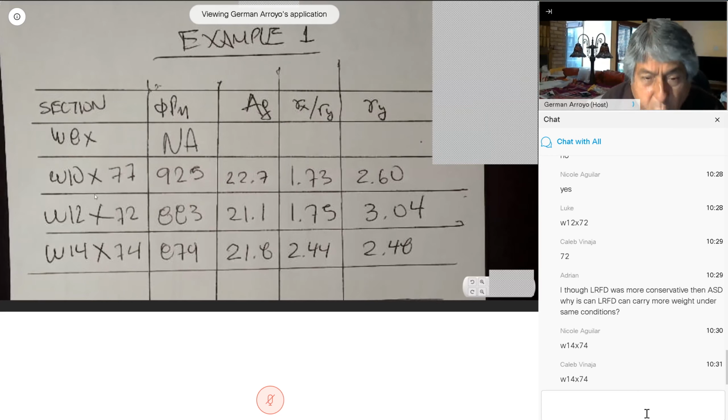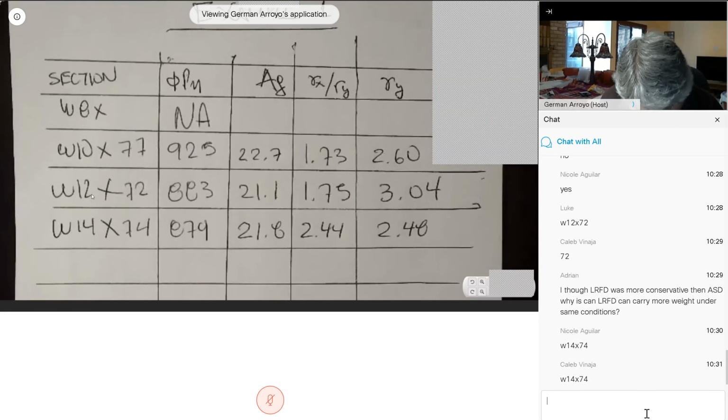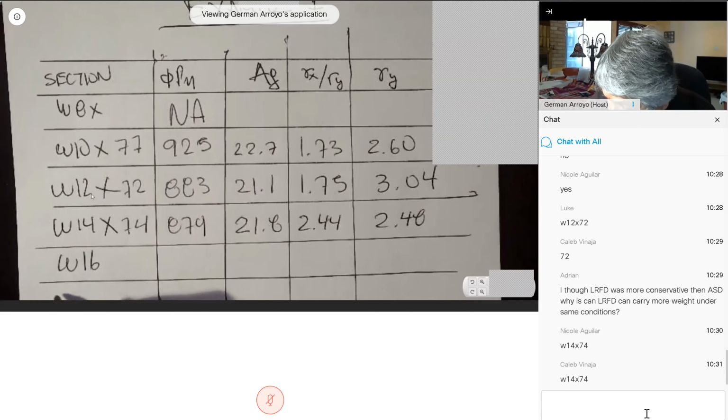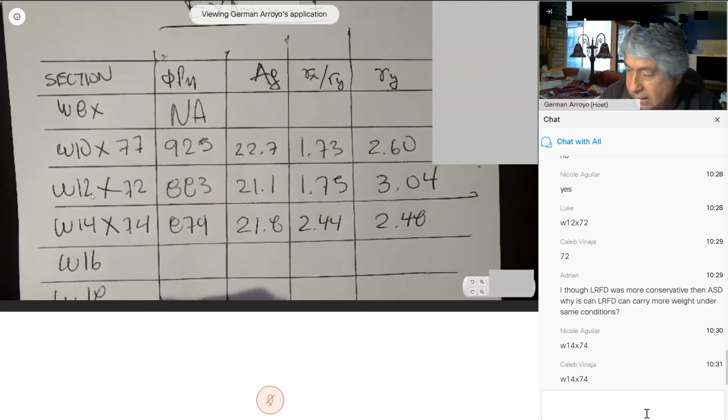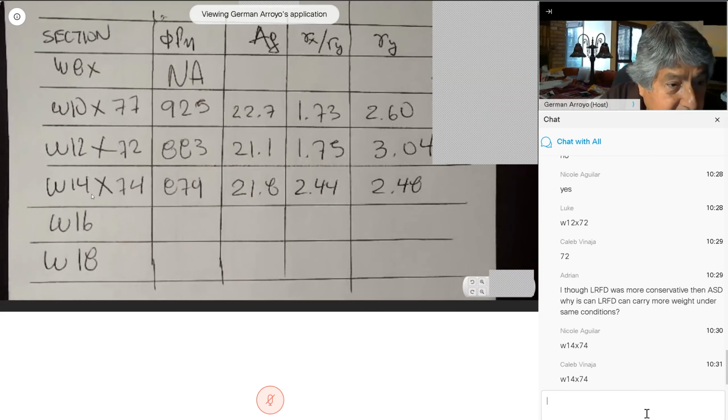But I want you to go to the front of the code. If I want you to include in the exam a W16 and a W18, it has to be lighter than the 72. So go to chapter 1 and find me a W16 that is lighter than 72, smaller than 72 pounds per foot.